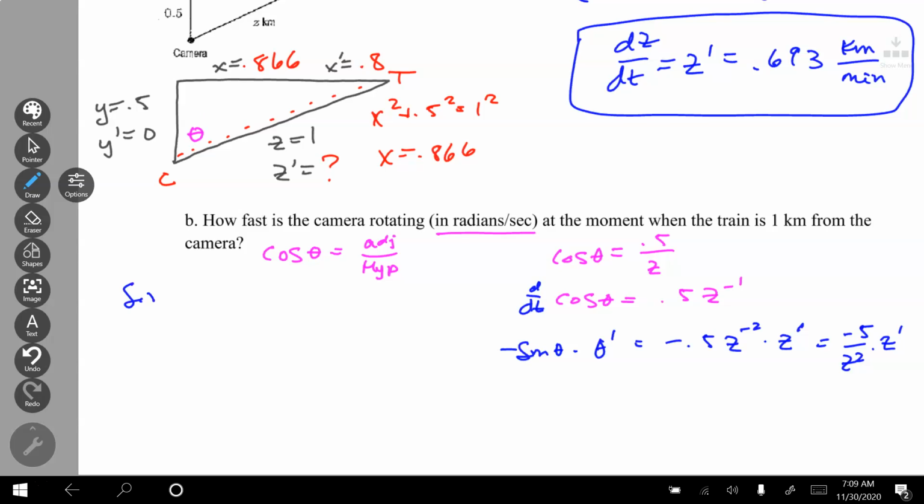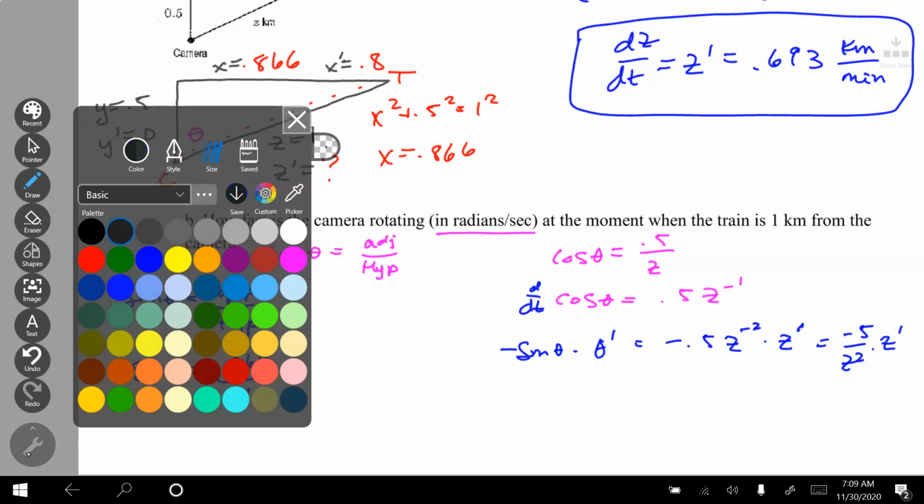Well, sine of theta is opposite over hypotenuse, and currently for this triangle, sine of theta is equal to 0.866 over 1.